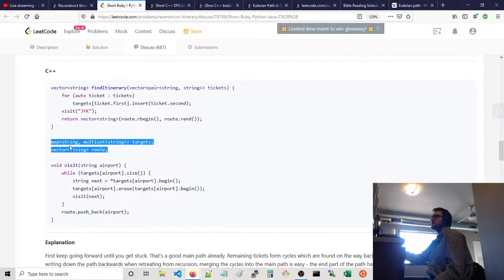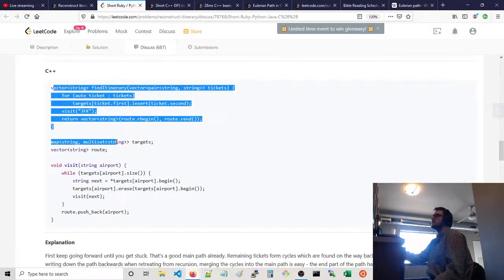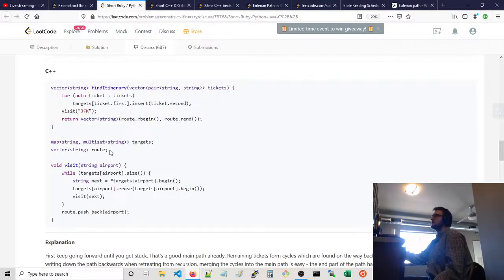Oh, I used a multiset too. Interesting. Find itinerary, multiset targets, route, JFK, for a ticket in tickets, targets, ticket first, insert, ticket second, pair of strings tickets. Yeah, I guess you could rewrite this as such. I guess that makes sense. And then for each ticket, targets, ticket, insert, ticket.